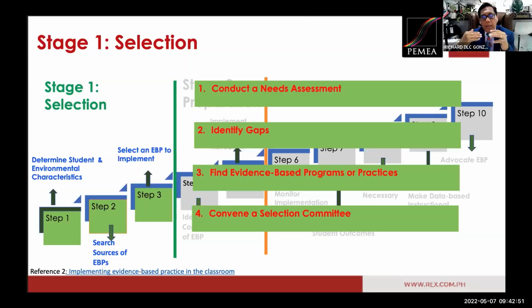And of course, it is important that funding is committed. You cannot do EBPs without any funding. It has to be well resourced in terms of human resources as well as financial resources.